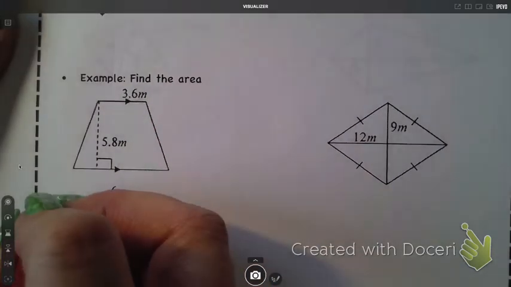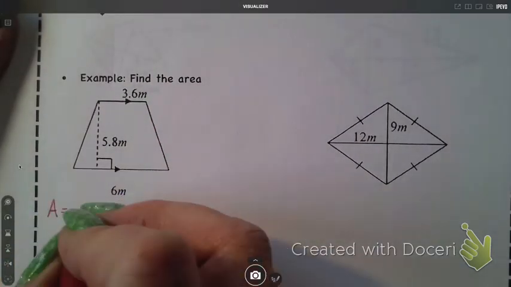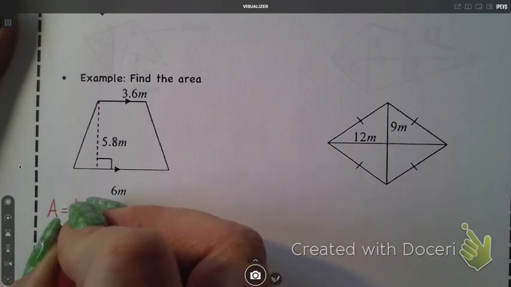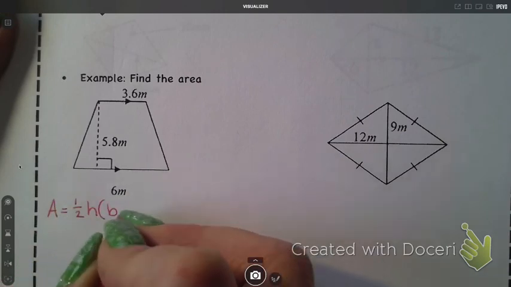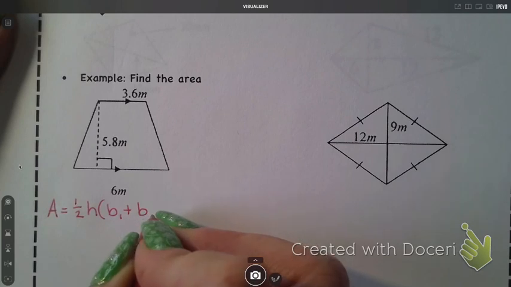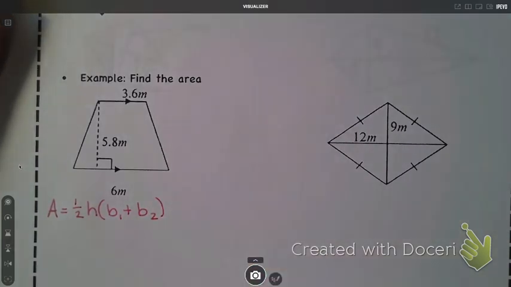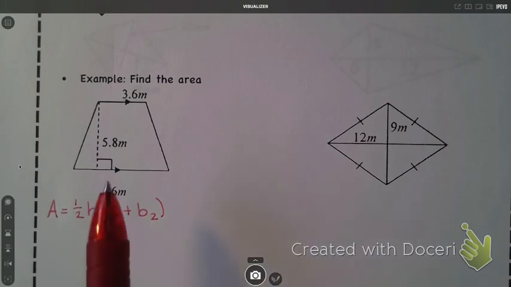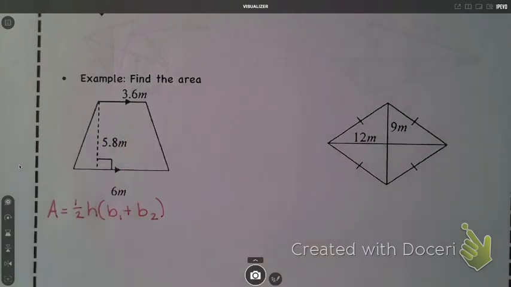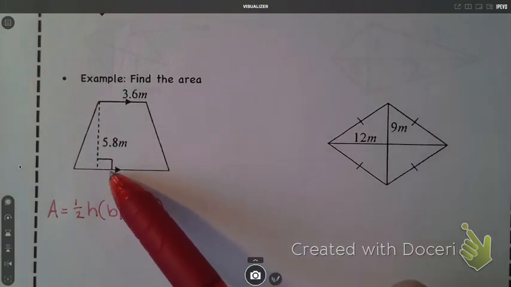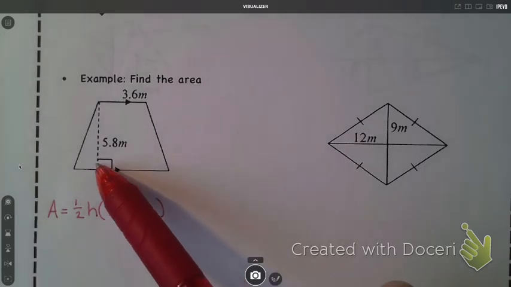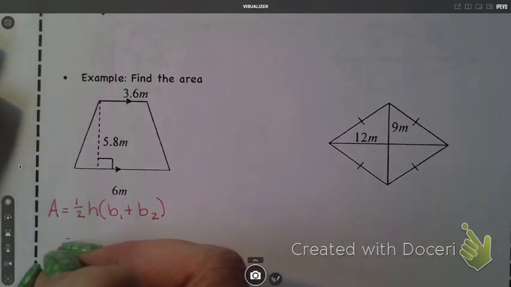So the area of a trapezoid is 1/2 the height, base 1 plus base 2. Do I have all the information I need? Do I have base 1, base 2? Do I have the height? Remember, height always makes it what kind of angle? Right angle. So I just plug it in.